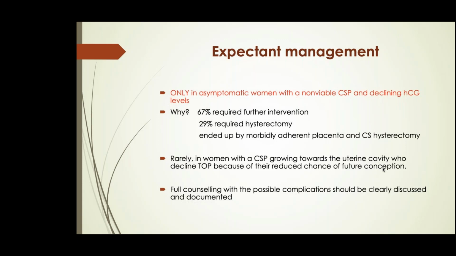So you don't need to give methotrexate, you don't need to do surgical intervention for this patient. You just wait until the uterus contracts and expels what is inside. So this is a viable option in a non-viable cesarean scar pregnancy.